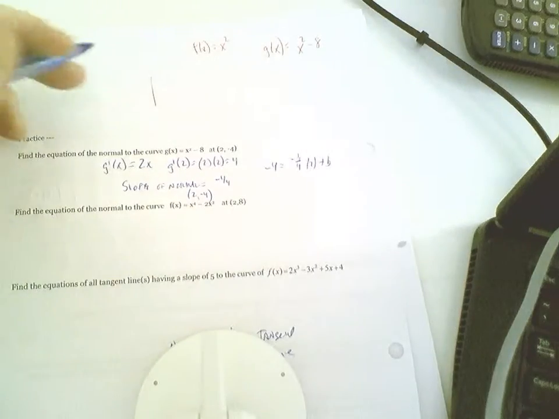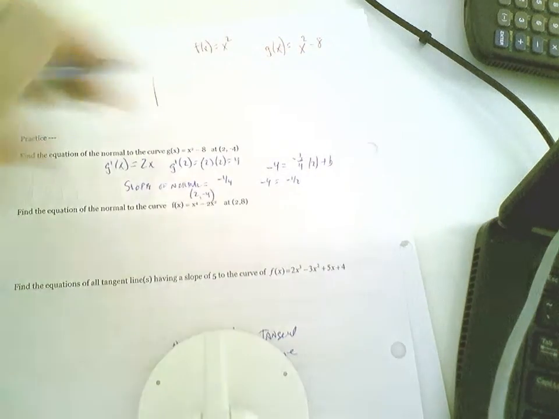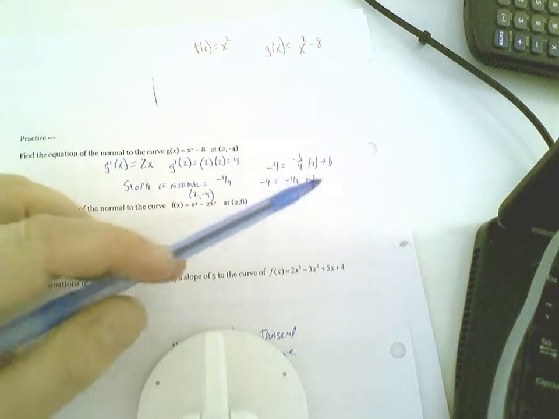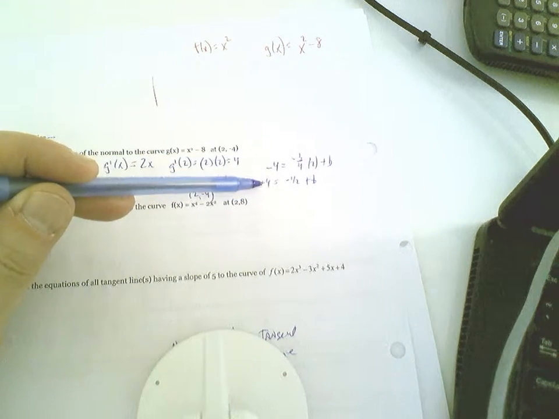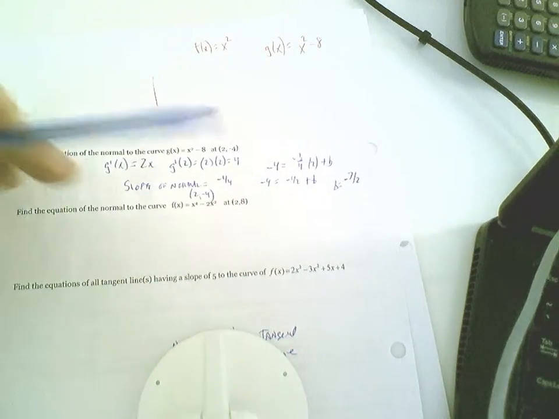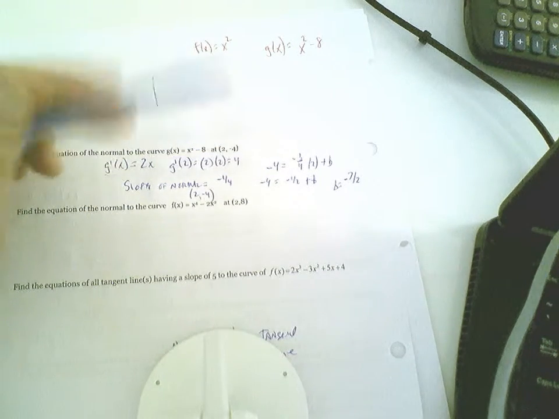My x-coordinate, which is 2, plus b. Negative 4 equals, well, 2 times negative 1/4 is negative 1/2, plus b. b will equal negative 4 plus 1/2, negative 8/2 plus 1/2. b will equal negative 7/2. What's my normal line equation to this function at the point (2, negative 4)?